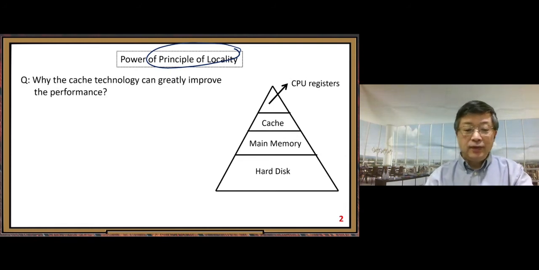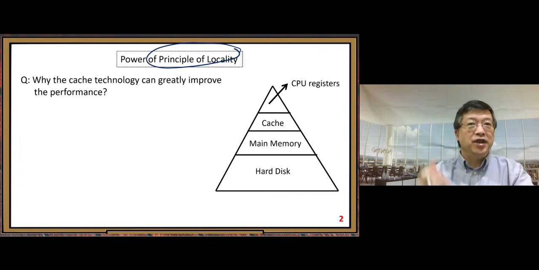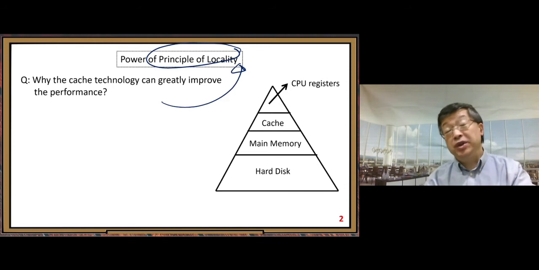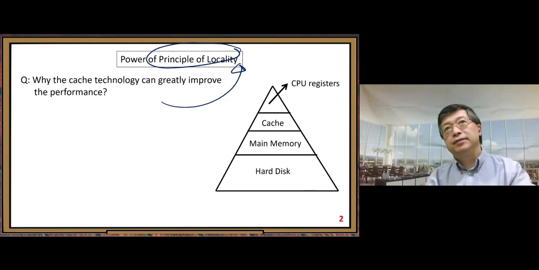All right. So the question: why can the cache technology greatly improve the performance? The direct answer is easy, right? Because we take advantage of the principle of locality. In the previous part C of Module 2, we discussed the meaning of this principle of locality.